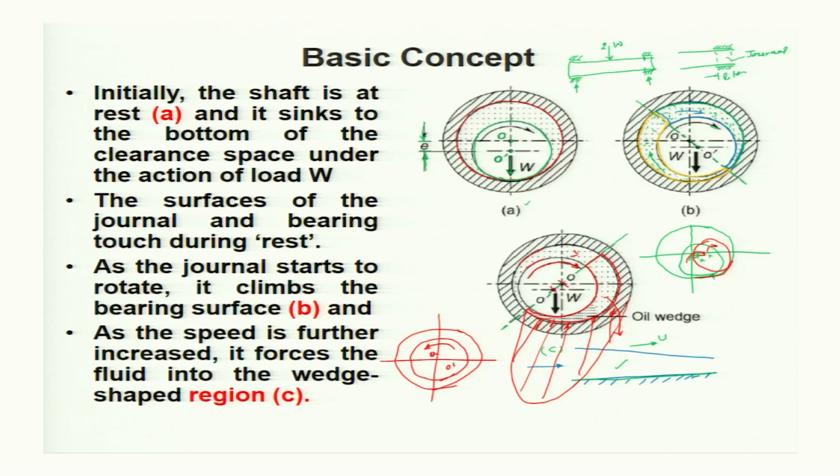And you may say this O as the center of the bearing, OB, and the center of the journal as OJ, and this OB OJ will be the eccentricity by which the journal is eccentric to the bearing center.